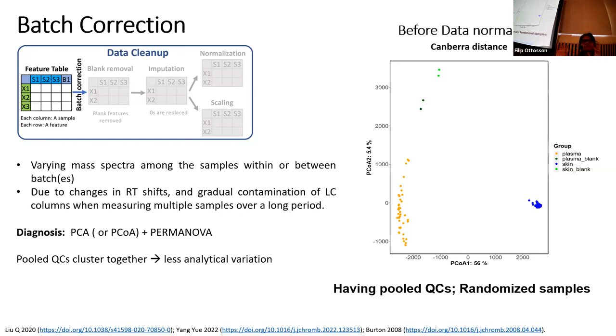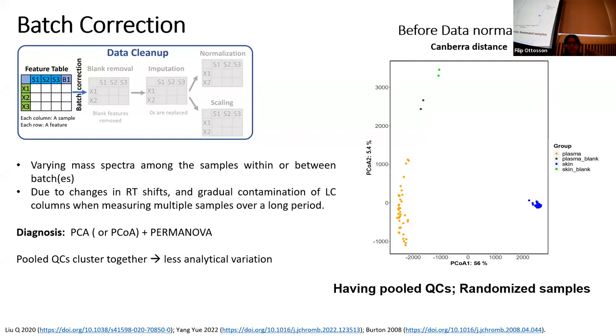But you have a basic idea: when all these points cluster together, they have little variation, and when they are spread apart, they have higher analytical variation. And if you have your pooled QC samples and they are clustered together, then you have lesser batch effects.